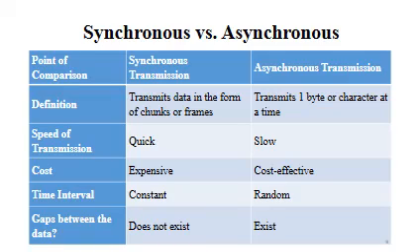Now here is a comparison between the synchronous and asynchronous transmission process. In synchronous transmission, data is transmitted in the form of blocks, while in asynchronous transmission, data is transmitted one byte at a time.